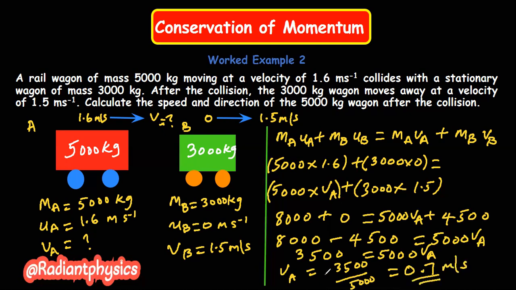So this is the velocity of this rail wagon after the collision, or the speed. I'm going to use velocity because it has direction. So calculate the speed and direction of the 5,000 kilogram wagon after the collision. Of course, the direction is forward. So it is going in the same direction as wagon B. So it's going this way.